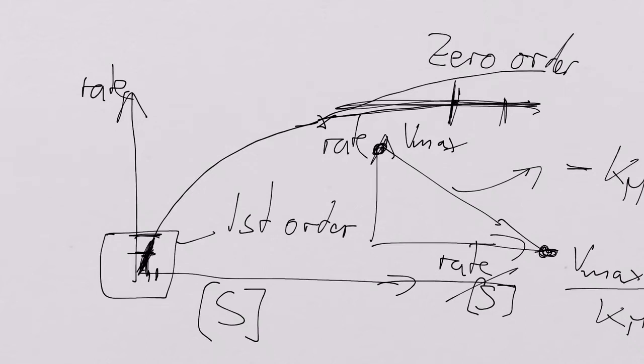Enzyme reaction, the order changes continuously, which is a real pain. Anyway, I just wanted to show you that we have a zero order when we have lots of substrate, and we have a first order reaction when we have very little substrate.